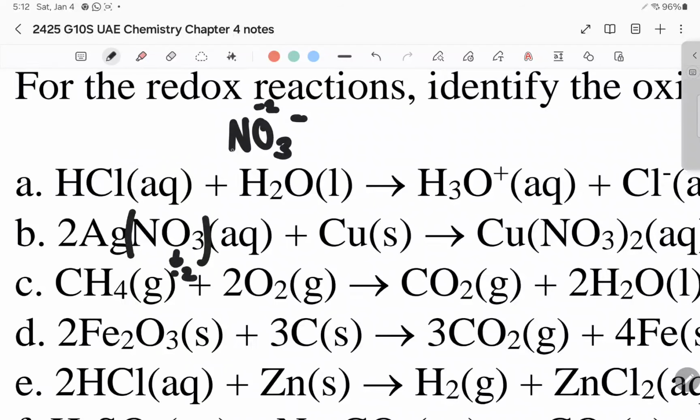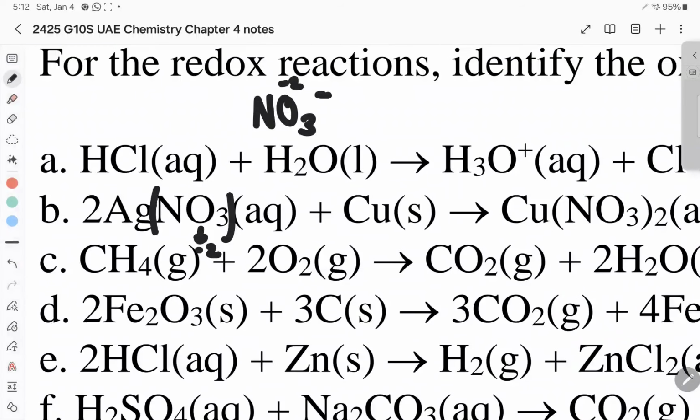And now we need to find N. So N is our x, and -2 times 3 is -6, so x minus 6 equals -1. So N has an oxidation number of +5.